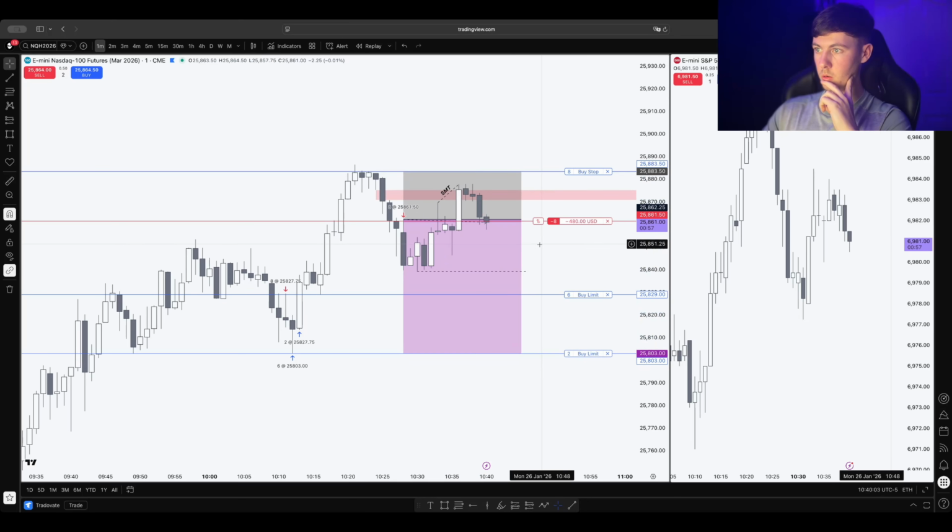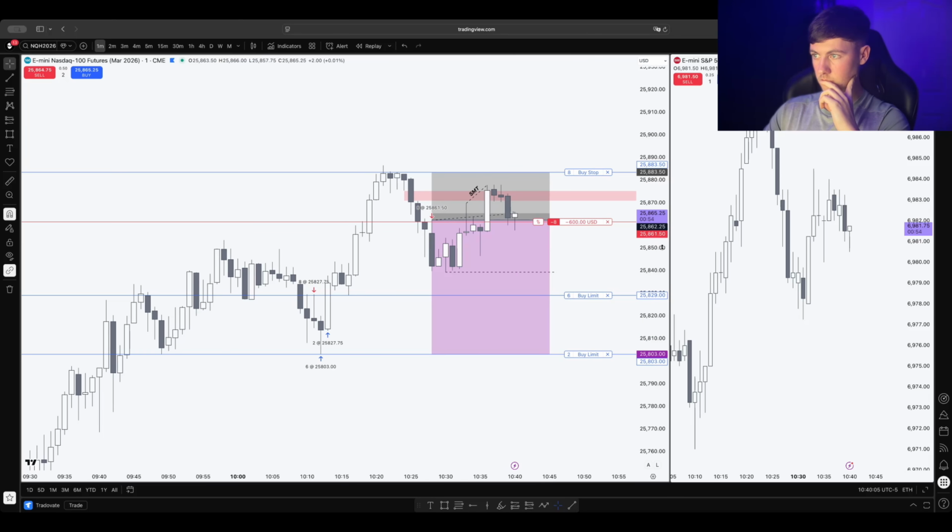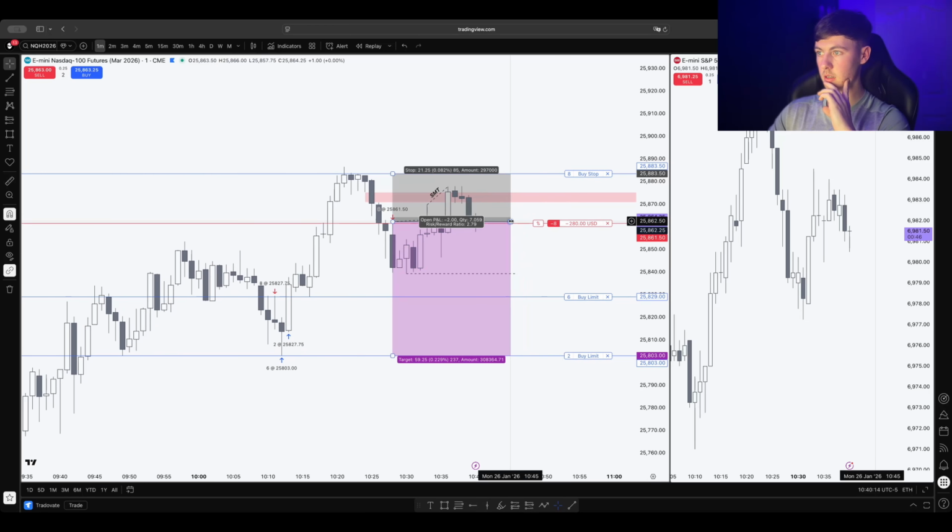Okay, I want to see us run now. ES looking clean. Want to see NQ pick up more speed to the downside.